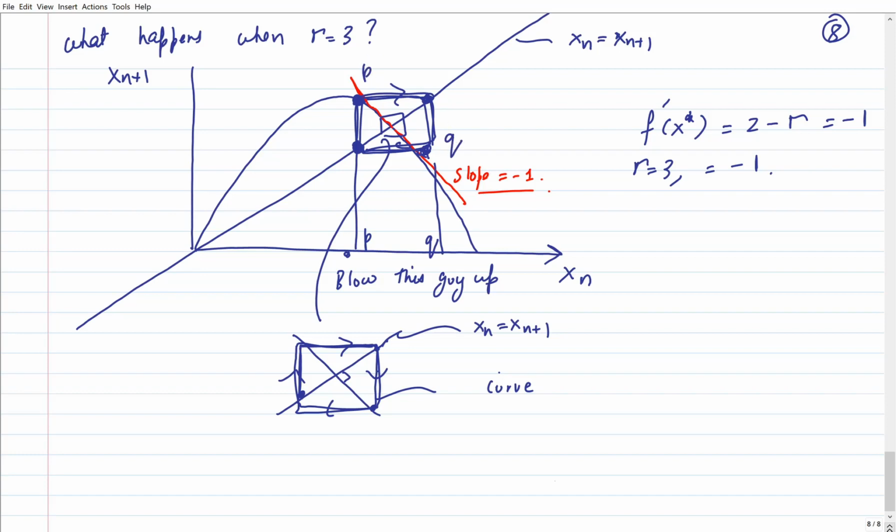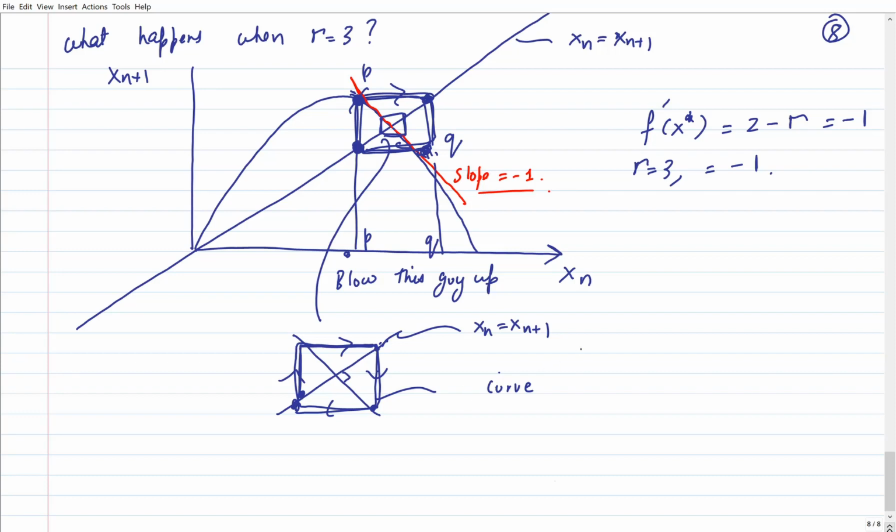And by the way, this is all a zoomed-up diagram at r equals to 3. These points P and Q would be very close to each other, but that's the idea. Because I am intersecting at right angles, and this is very near the zoomed-out snapshot of this curve. So this P and Q are going to cycle. And that essentially means that now I have got a period 2 cycle.